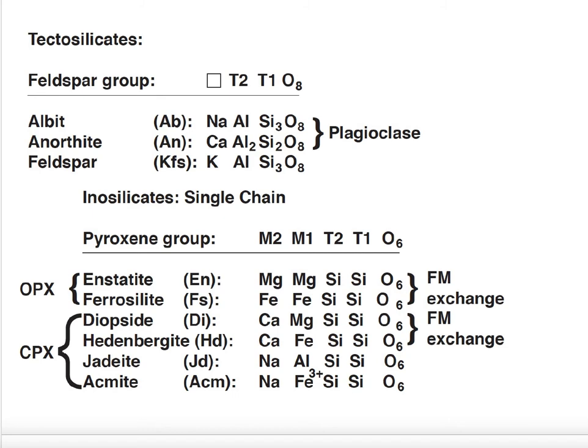So then you can do a lot of different other exchanges. You can also replace aluminium and iron 3+ with chromium 3+. Then you are forming, for example, a pyroxene which is called a fuchsite. Yeah. So, and there are a lot of different possibilities.